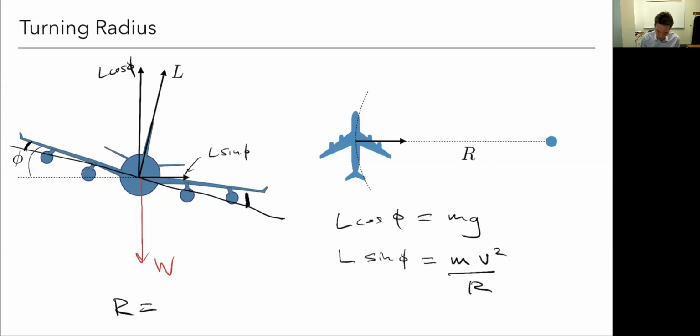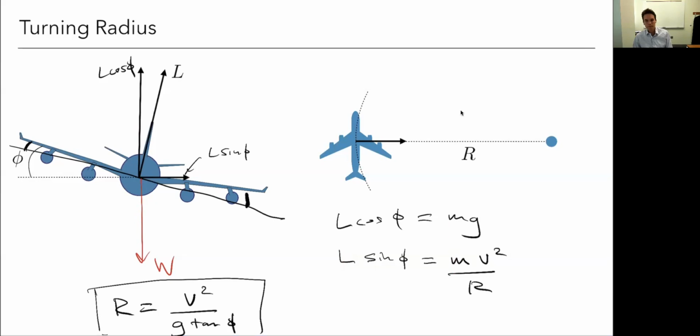So again, I'm taking this equation, dividing by this equation, so the lifts cancel, the masses cancel, and then I'm just going to solve for radius. And that's just going to be v squared over g times the tangent of my bank angle. Okay, so that is my turning radius.